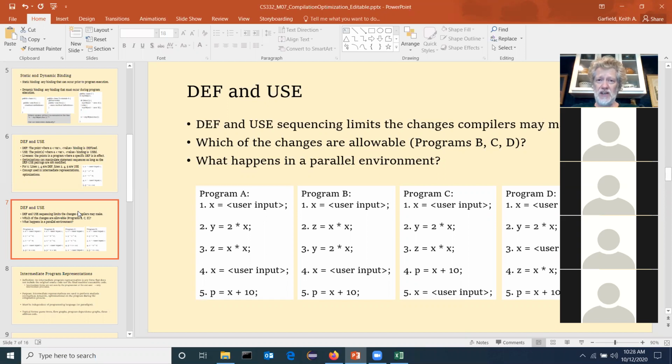Your program actually changes its representation multiple times as you go through the compilation process. We've already seen that your program can be represented as a parse tree for syntactical checks.